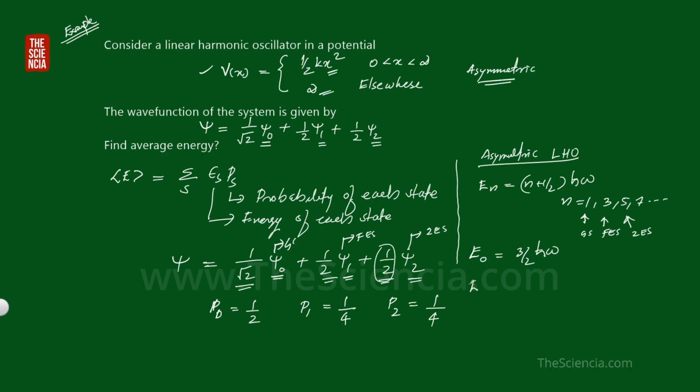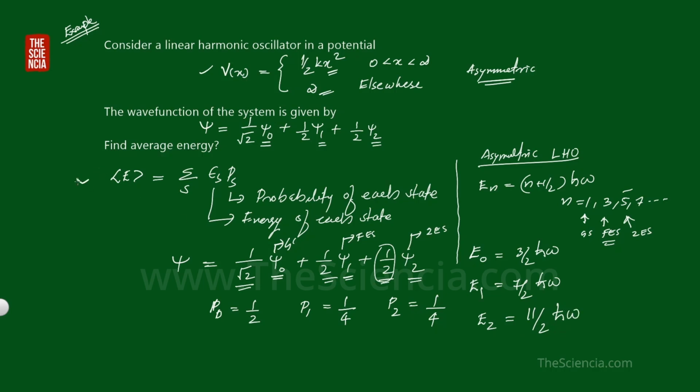The second one is E1, the energy corresponding to psi 1, the first excited state, where n is 3, that is 3 plus half, 7 by 2 h cross omega. The next state is psi 2, the corresponding energy is E2, and for E2, n is 5. Substituting 5 you get 11 by 2 h cross omega.